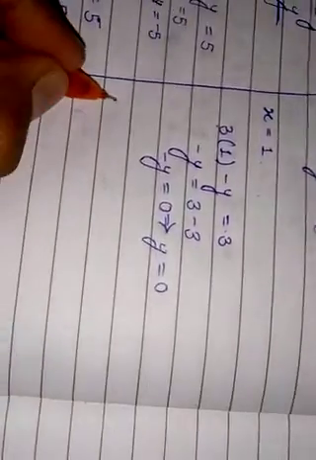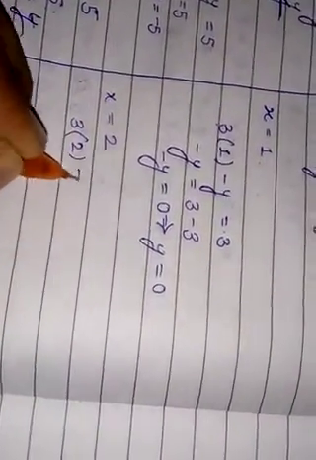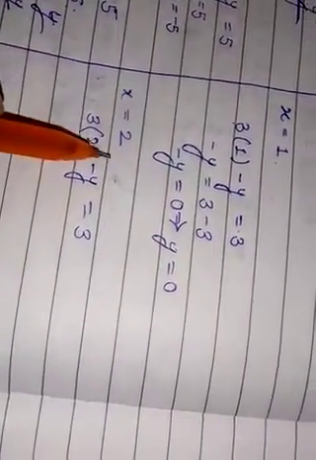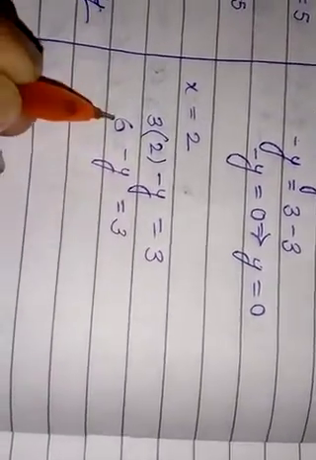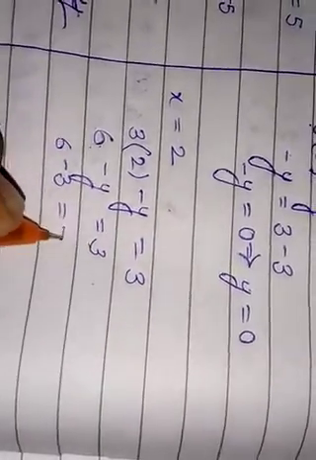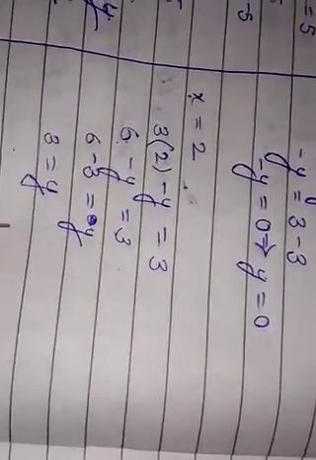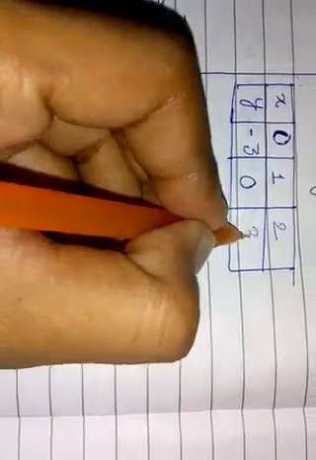Now we are putting the value of x equal to 2. So 3 into 2 minus y equal to 3. Now we are solving it. So 6 minus y equal to 3, and this 3 will go this side and y will go this side. 6 minus 3 equal to y, and 3 equal to y. So when the value of x is 2, y will be 3.